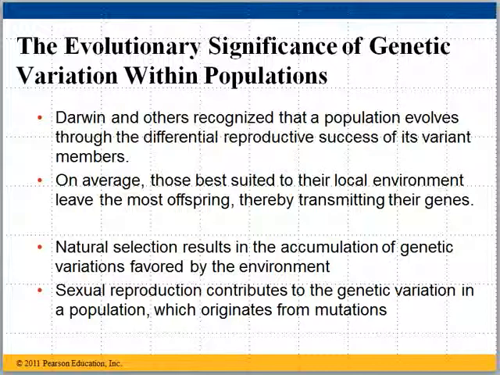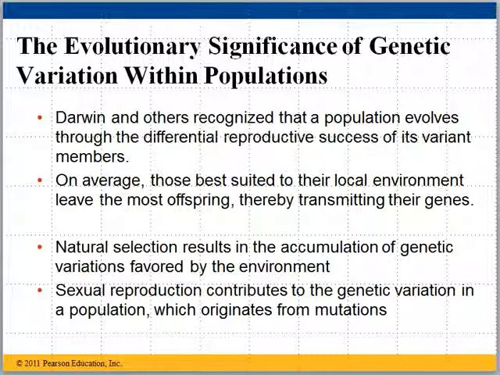And Charles Darwin, and indeed other scientists at the time, recognized that populations evolve through differential reproductive success of its members. So you have some members of a species that are better at surviving and reproducing than others.